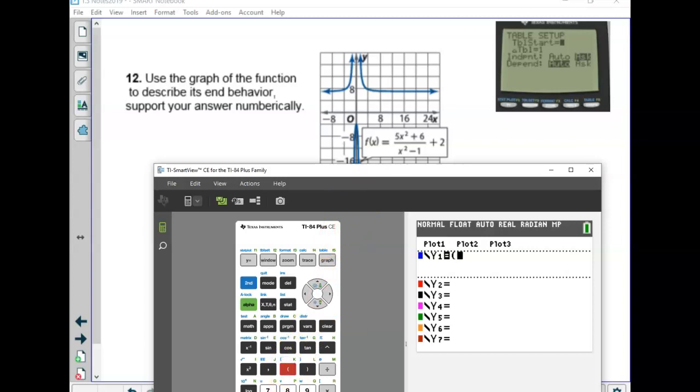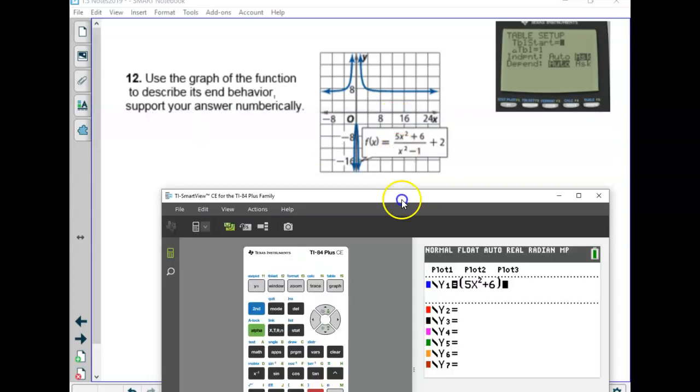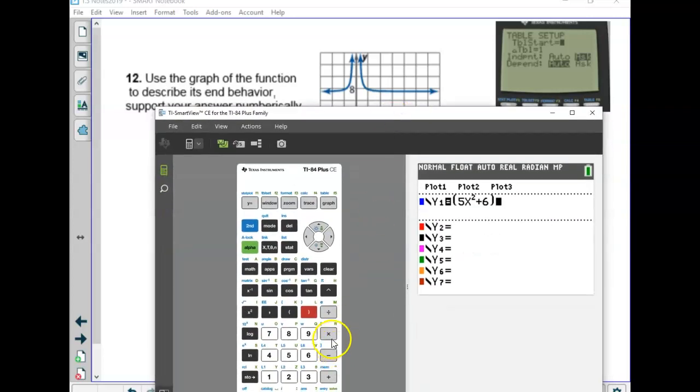Parenthesis. And then the top: 5x squared plus 6. Close parenthesis. Then what? Divided by parenthesis. Is it x squared minus 1? Is that what I saw there?